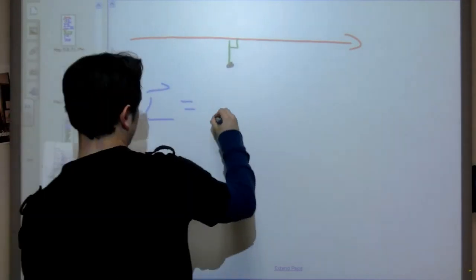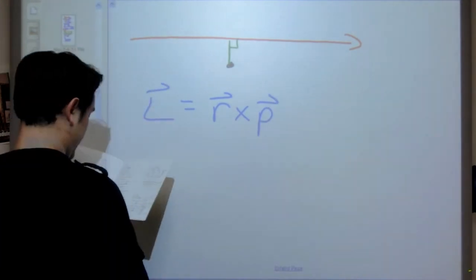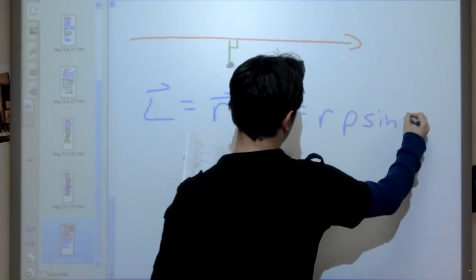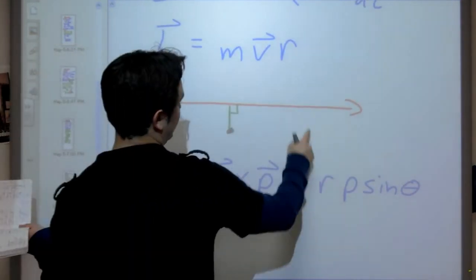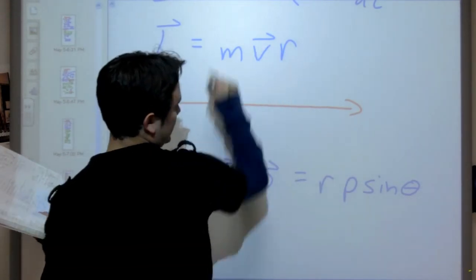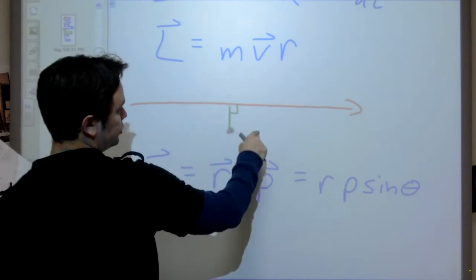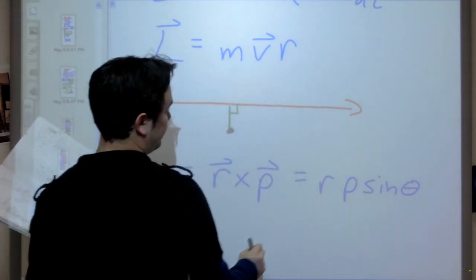The broader and more universal equations, but not necessarily easier to apply, are going to be this. Angular momentum is r cross p, where this would simplify down to r p sine theta. And you can see we're actually ending up with the same exact thing up here, where we have r, p is that guy, and sine theta, but we're using the r that is going to be at a right angle to it, so sine of 90 is just going to be 1. And so this is a simplified form of this.